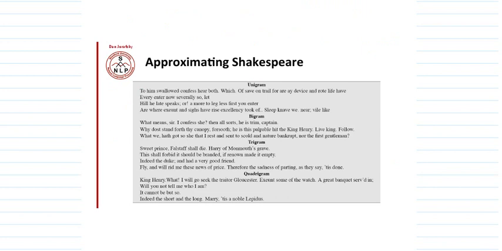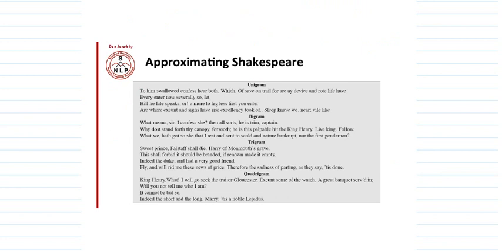We can visualize whether the sentence is correct or not in grammar and in most of the language part, whether this sentence can be said to be correct or not, right? In the case of bigram, we get: what means sir, I confess, she. This is somewhat better than the unigram model. Then we see the trigram model: sweet prince, Falstaff shall die.